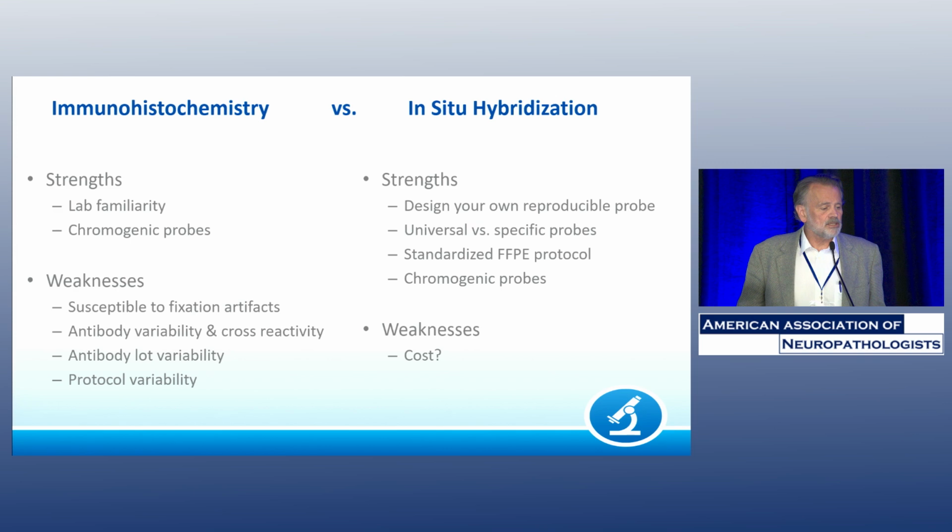So we have two technologies. Immunohistochemistry, which we're familiar with and have used for the last few decades, has strengths in that the lab's familiar with it and the chromogenic probes are readily available. Unfortunately, it has lots of problems in that there are fixation artifacts, and the biggest problem is antibody variability, antibody availability, and lot variability. So we've gone away from using immunohistochemistry and moved over towards in situ hybridization.